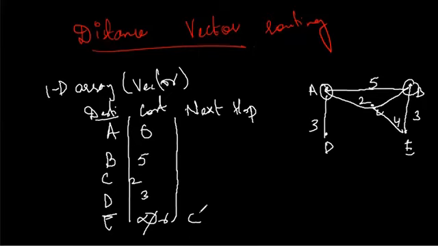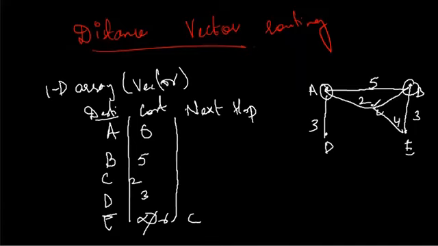Now, how will it know that there is a path to E from C? Basically, C will send its own table to A. As I said, in the case of dynamic routing tables, each router will share its information with its neighbors.